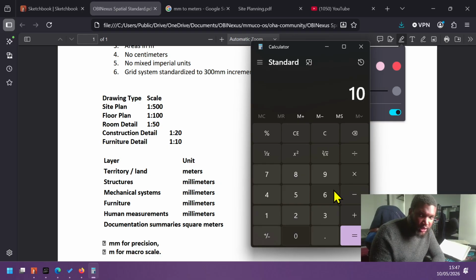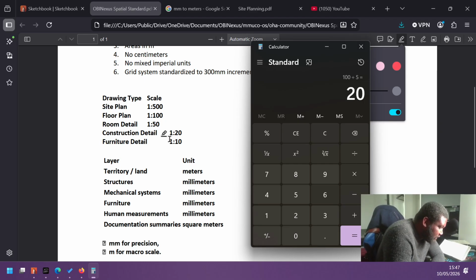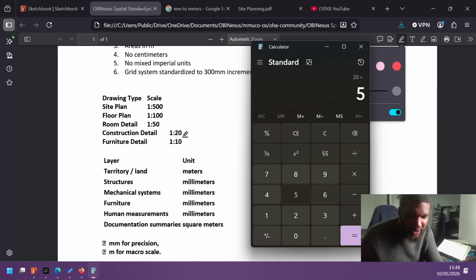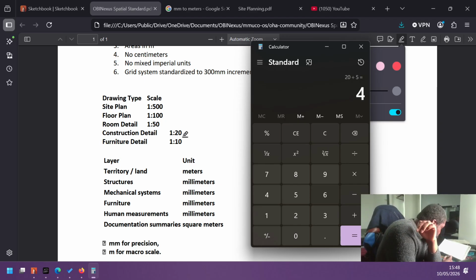So 100 divided by 5 is 20. Now, 20 units is considered a door. So basically, I take my 20 meters and divide it by 5, and that gives me 20 divided by 5, 4. 4 centimeters apart. Not 5, but 5 for space.